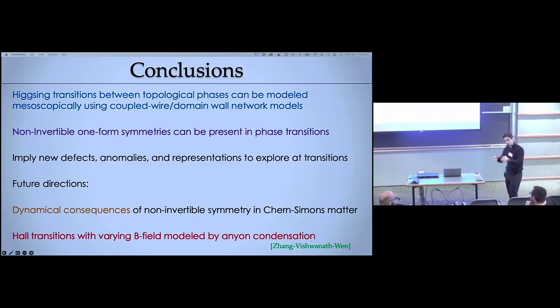So that was our viewpoint. But you're right that you could take a broader point of view, forget the UV microscopic Chern-Simons theory and what it predicts, and just say, I have two separate TQFTs, and I figure out some gapless interface between them on these little tubes, and that is some kind of model of the transition between them. So you're right, there's an open landscape of things to explore there.